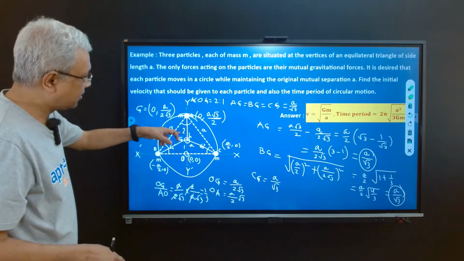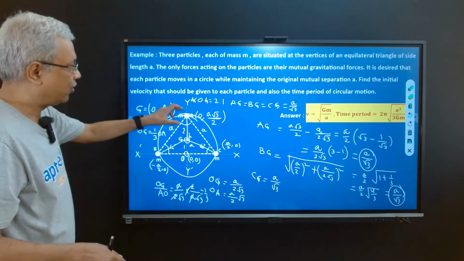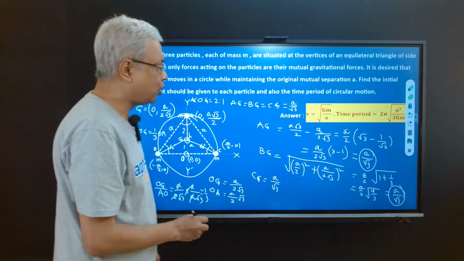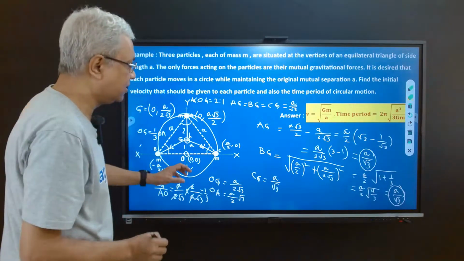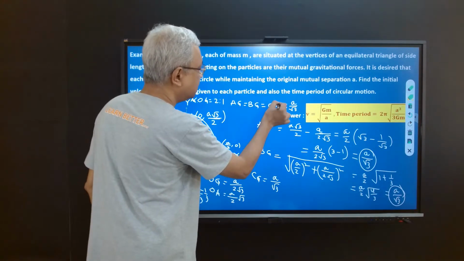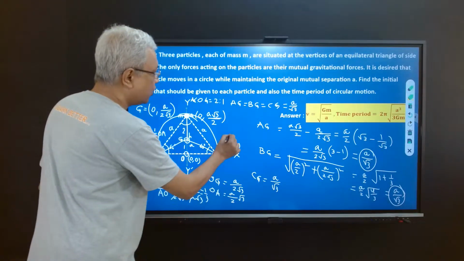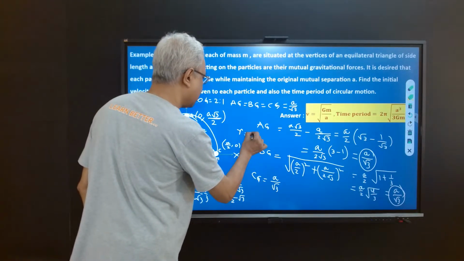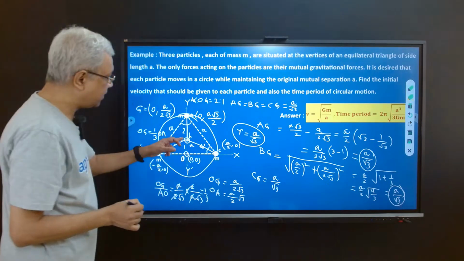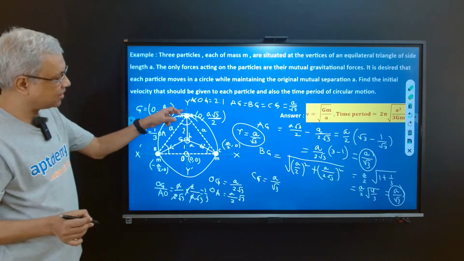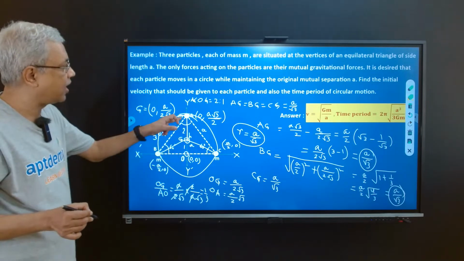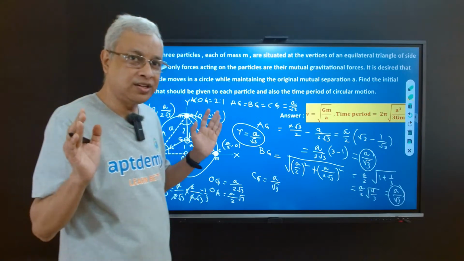So this is the center of the circumcircle of the triangle ABC. The radius of the circumcircle is AG equal to BG equal to CG, which is a by root 3. So the radius of the circumcircle is a by root 3. And the center of the circumcircle lies at the center of mass of these three particles, or at the centroid of the triangle ABC. Up to this it is okay.